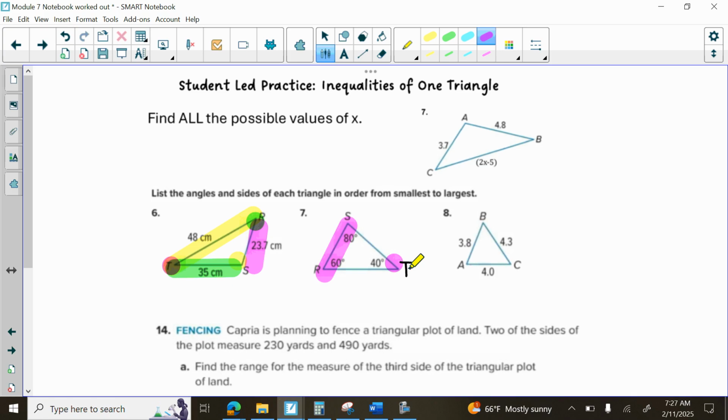Are we good? The next smallest angle is R, which is 60. So what's the next smallest side? ST. And then the biggest angle is S, so the biggest side is SR. Good. All right.